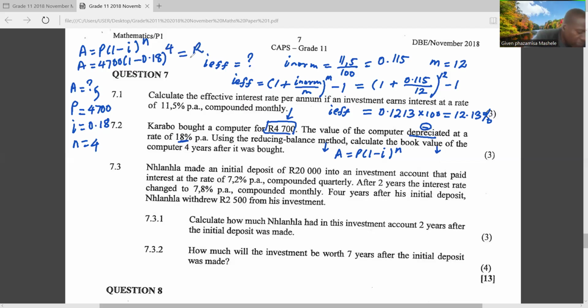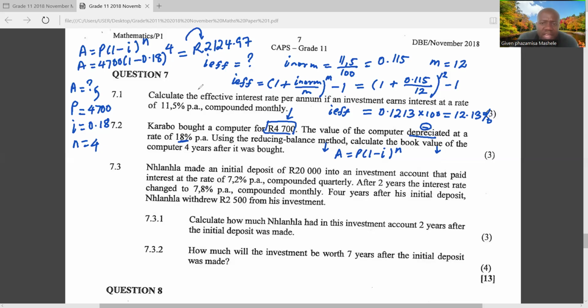So we'll have 4,700 times (1 minus 0.18) to the exponent of 4, which will give us 2,124 rand and 97 cents. So this is the book value, the value after depreciation. I believe you're following.